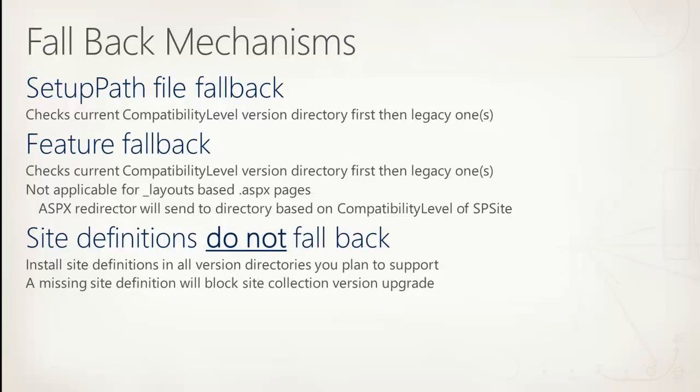However, you more than likely don't want to rely on feature fallback because of this second entry, and that is in regards to ASPX pages inside feature fallback. If you go into the layouts directory where ASPX pages normally live, where a lot of people install their ASPX pages with their features, they are going to be version specific.